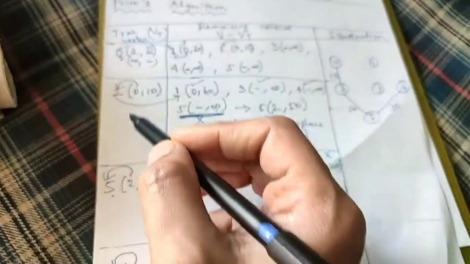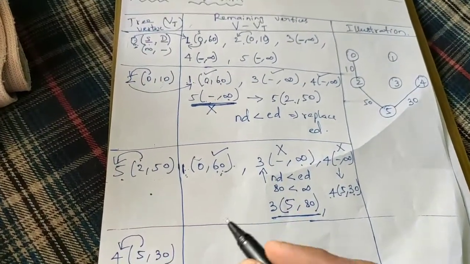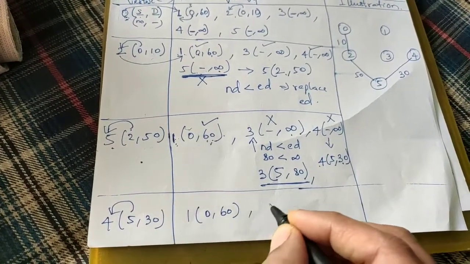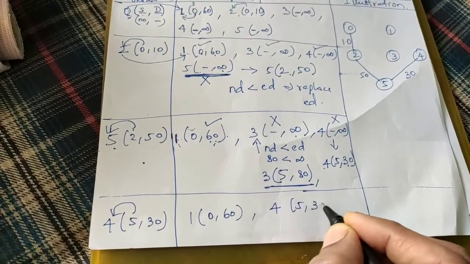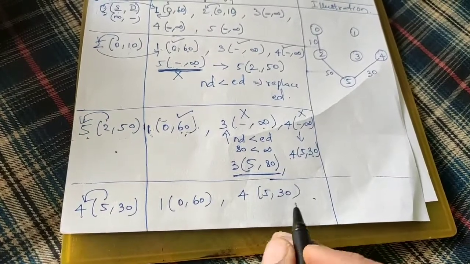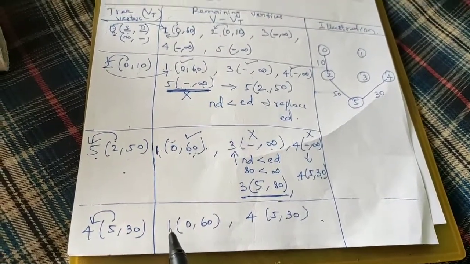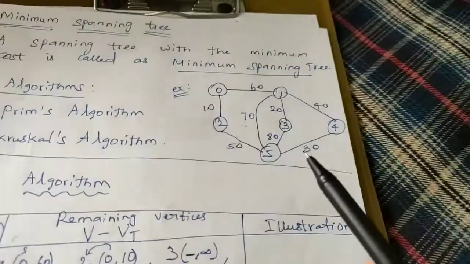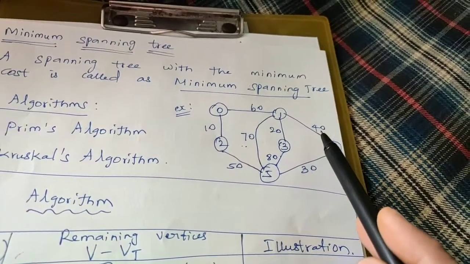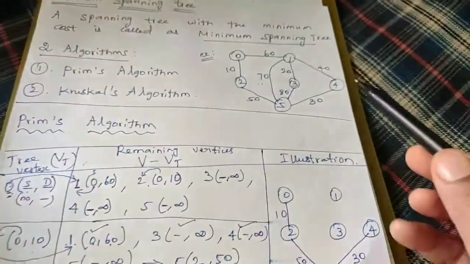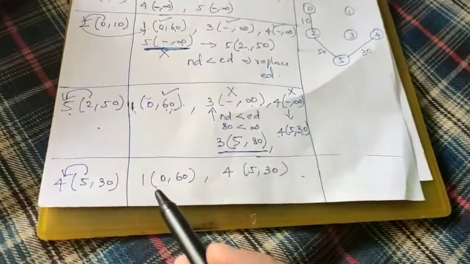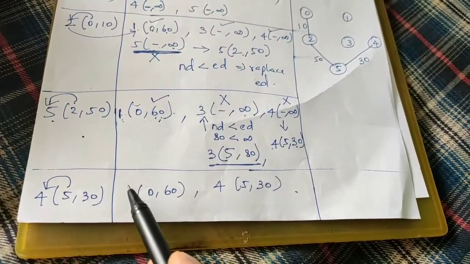Now by leaving these vertices, what are the remaining vertices I have? I have 0, 60. I have 4 of 5, 30. These two vertices are remaining still to process. Now 4 to 1 you just try to visit. 4 to 1 I have a path with the value 40. So what is the new distance I am getting from 4 to 1? 40. Now what is the existing distance I have here from 0 to 1?